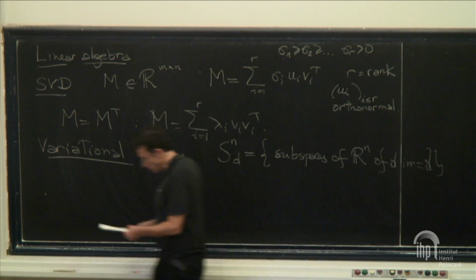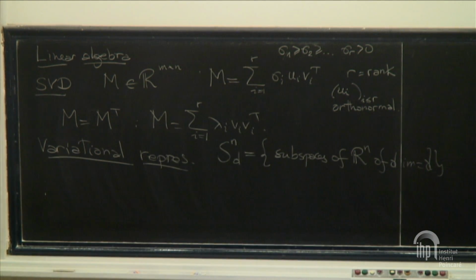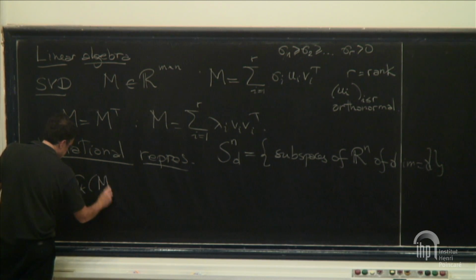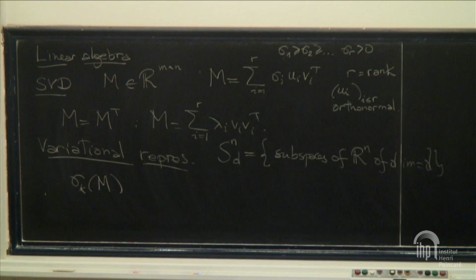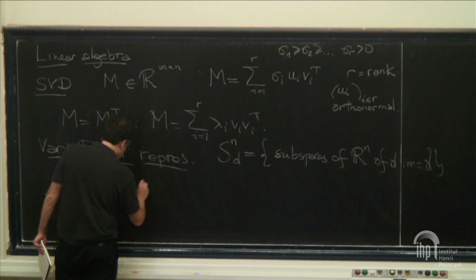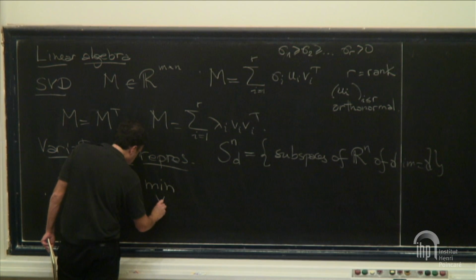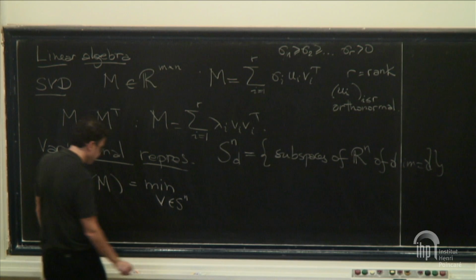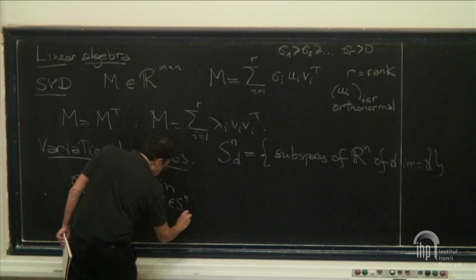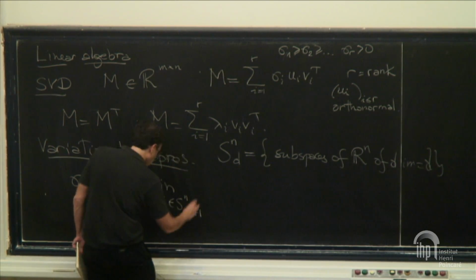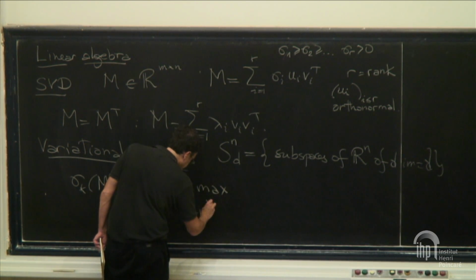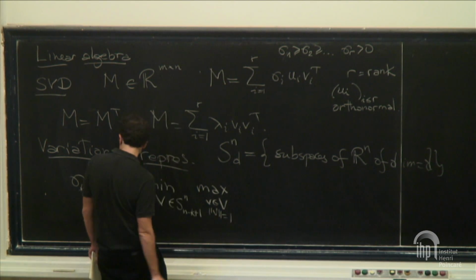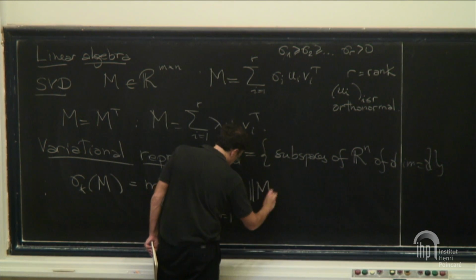This is also the Grassmannian. So the kth singular value of the matrix M has two dual representations. You can look at it as the minimum over all spaces V in S(n, n-k+1) of the max over all v in V of norm 1 of the norm of M v.